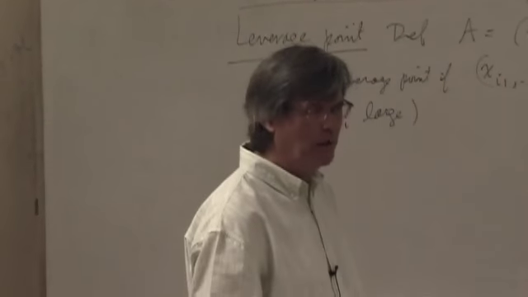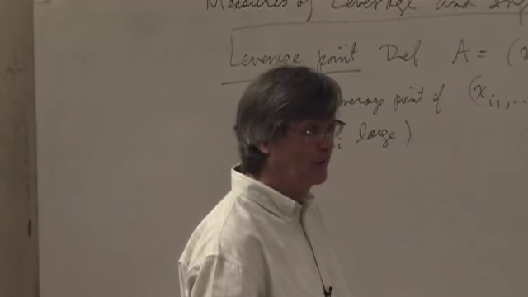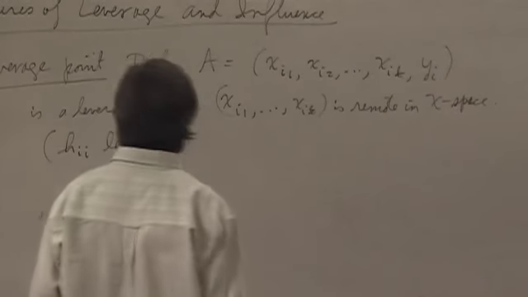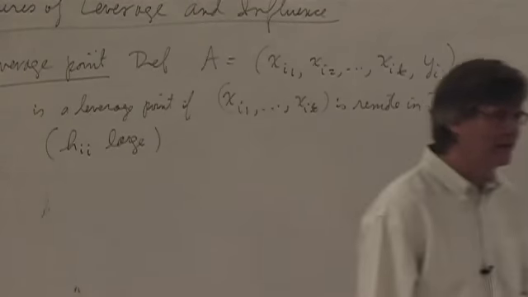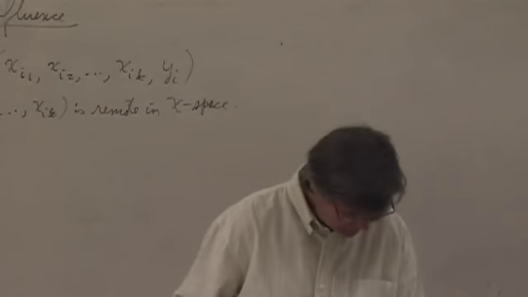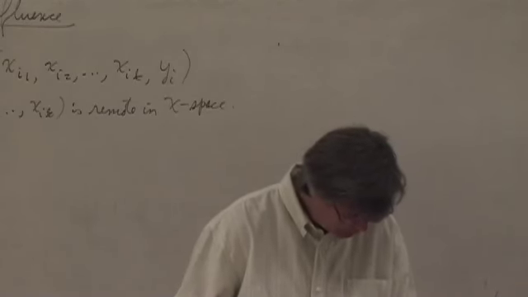So the leverage point may actually not control key properties. So this is just a leverage point if it's remote in X space. Period. I think I made a mistake in my notes by kind of misinterpreting what he said. Let's write what he wrote.